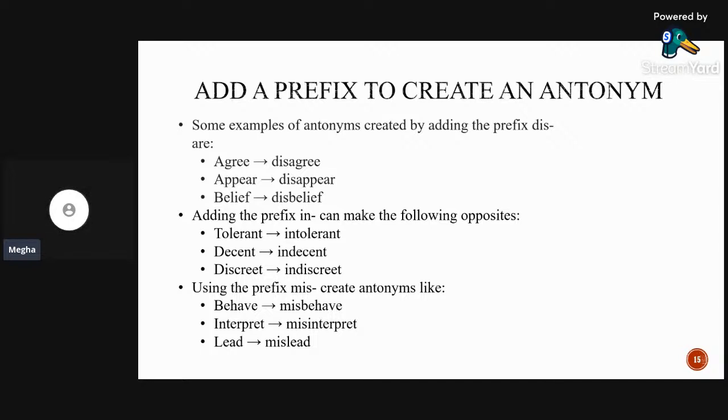One more example for prefixing in. Courage, discourage. Correct. So the second condition for prefixing in, one more example. How are the pros and cons, Deepu?